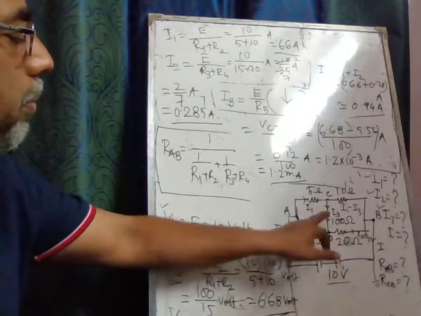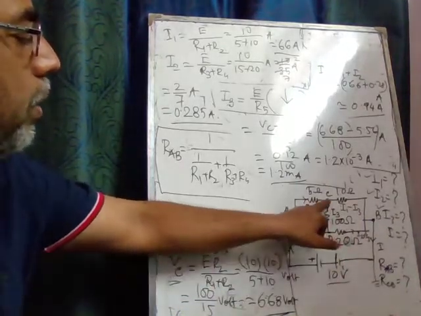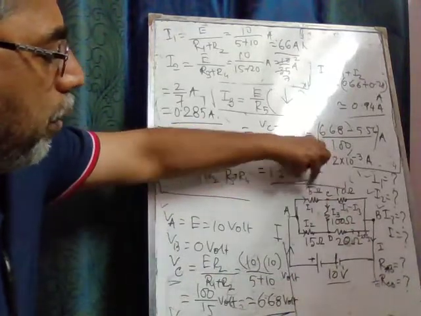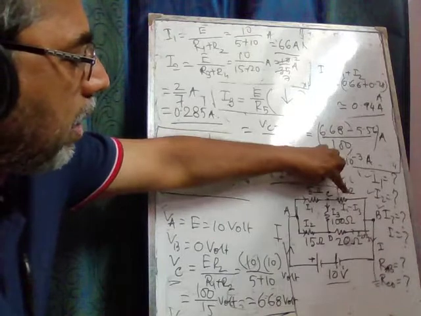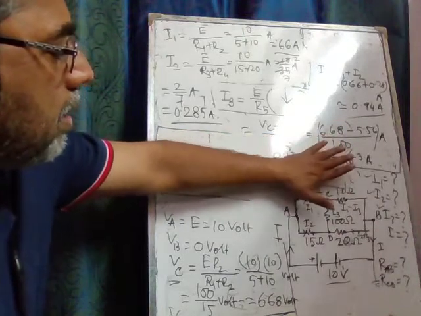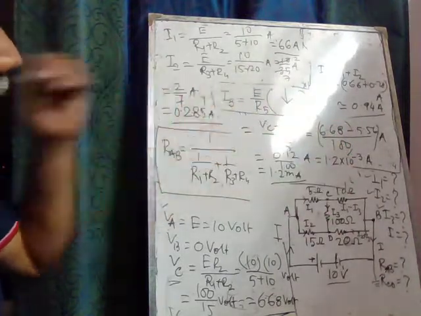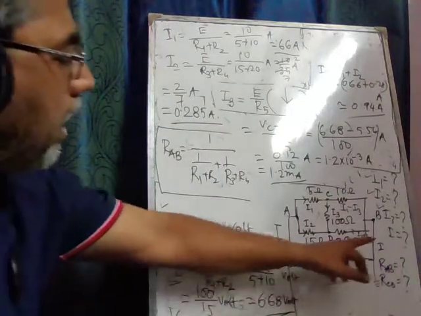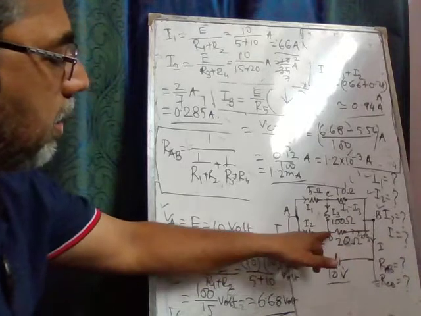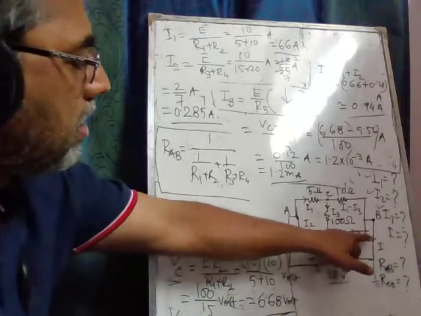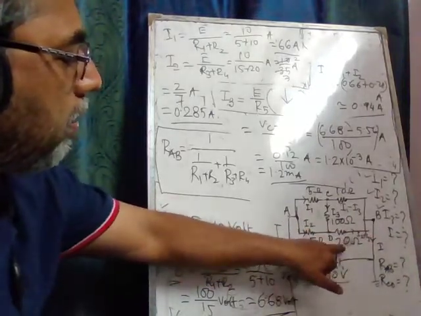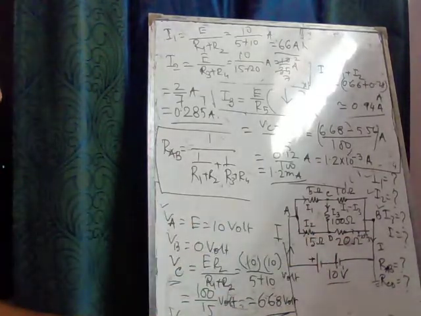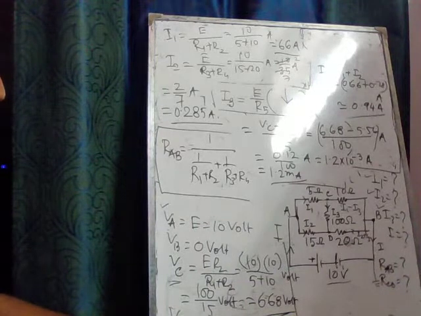We calculated the potential of the point C, which is the potential drop across the resistance of 10 ohm due to a current I1 flowing in this branch. That is calculated as 6.68 volt. Again we calculate the potential of this point D, which is the potential drop across the resistance 20 ohm due to the current I2 in this branch. That gives 5.56 volt.